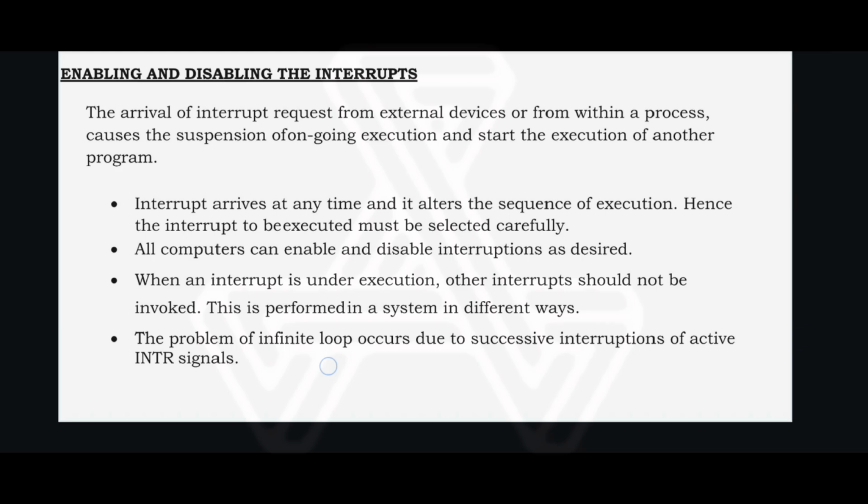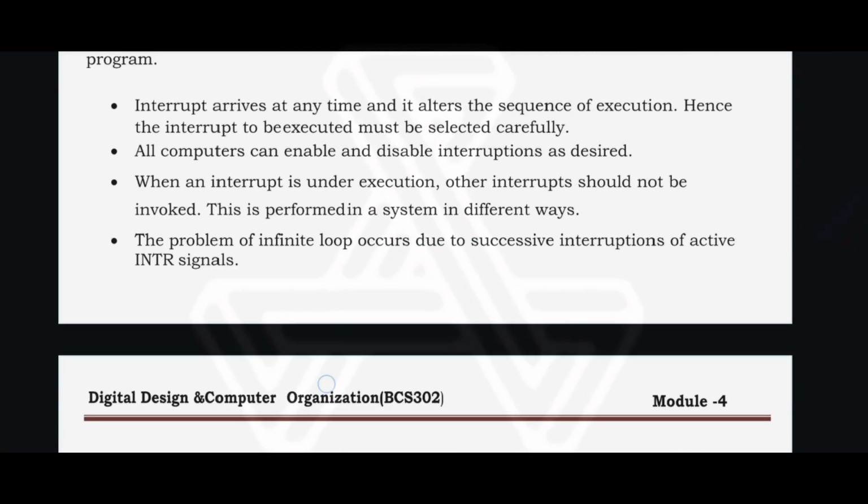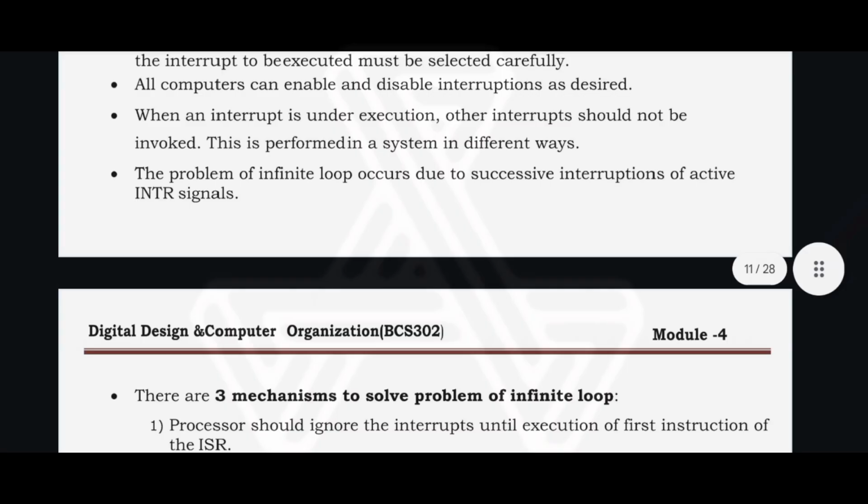All processors can enable and disable interrupts as desired. When an interrupt is under execution, other interrupts should not be invoked. This is performed in a system in different ways. The problem of an infinite loop occurs due to successive interruptions by the active INTR signal.